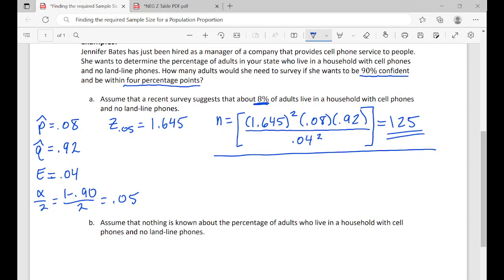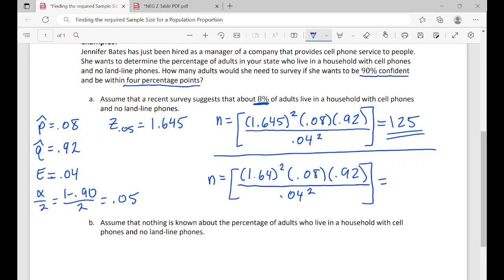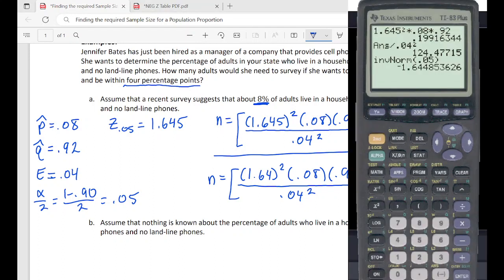So n equals 1.64 squared times 0.08 times 0.92 over 0.04 squared. How much of a difference? Like I said, it will be different, but it'll just be a small difference.